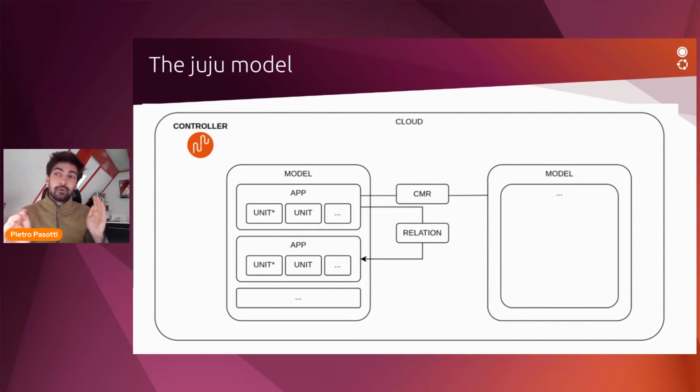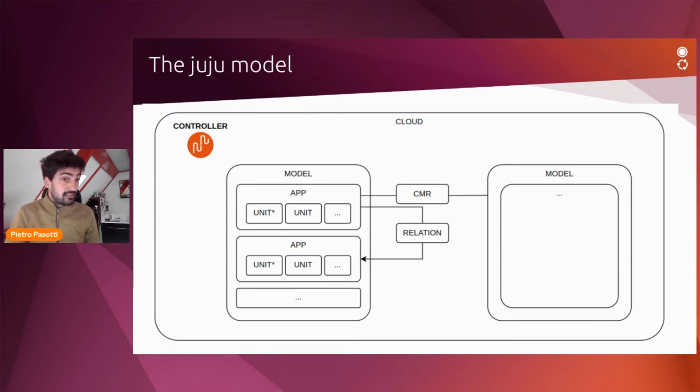Inside the cloud, you get to add models, which are K8s namespaces, or just building blocks of your ecosystem of applications. Inside each model, you get to deploy applications, and depending on their scale, each application might have a variable number of units.